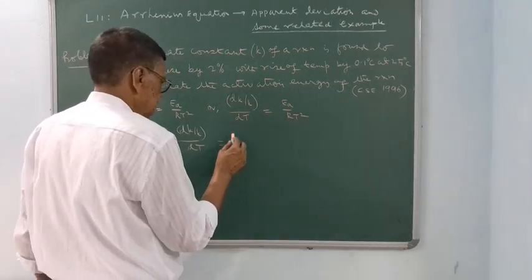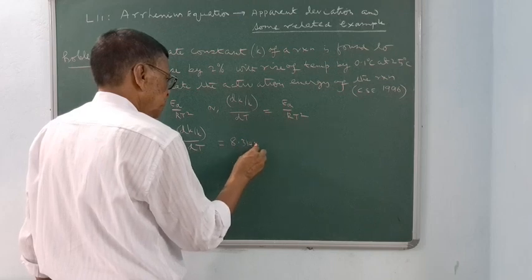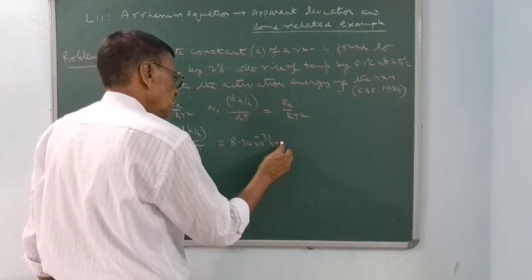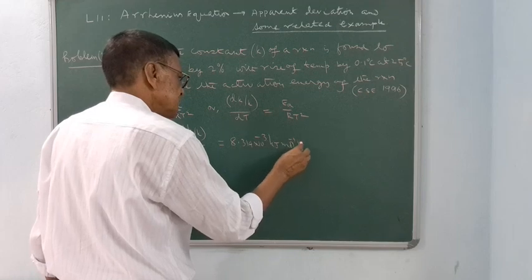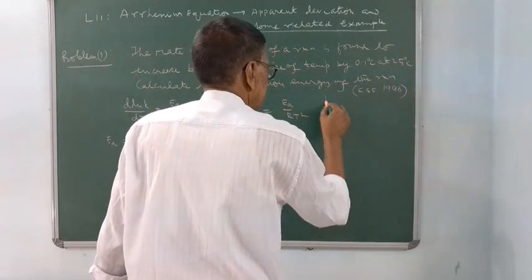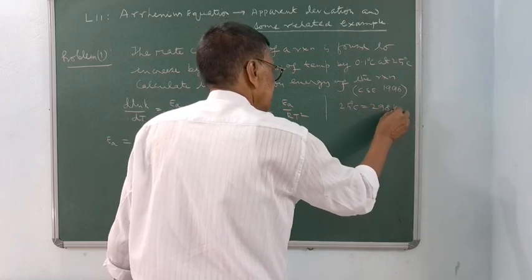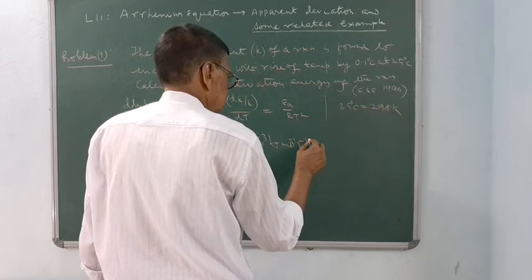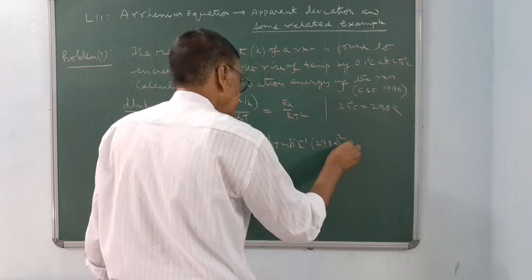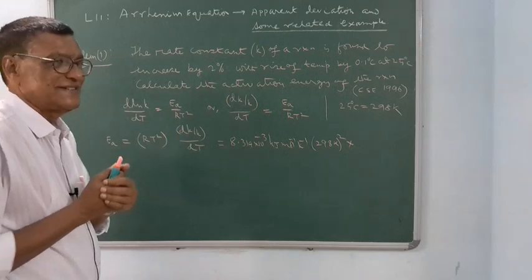Here R equals 8.314 into 10 to the power minus 3 kilojoule mole inverse Kelvin inverse, and temperature 25 degrees centigrade means 298 Kelvin. So it is 298 Kelvin square into this dk by k, it is 2%.